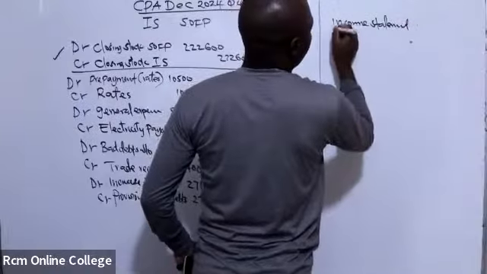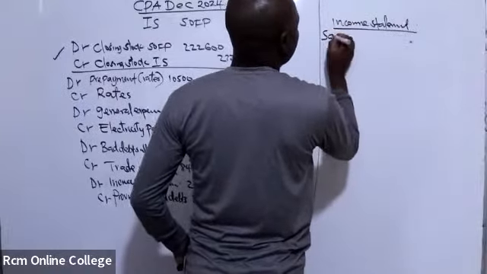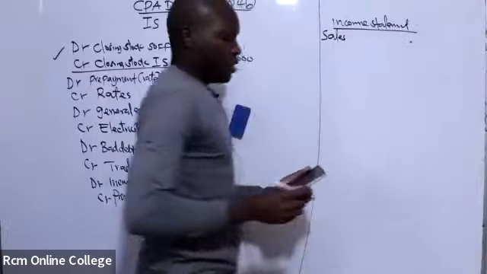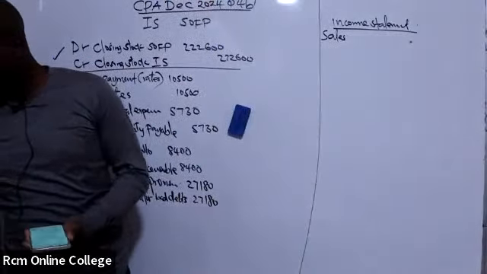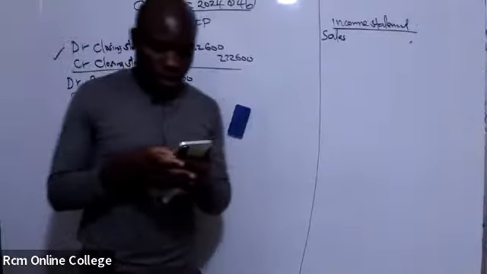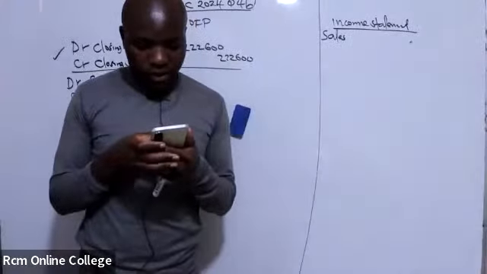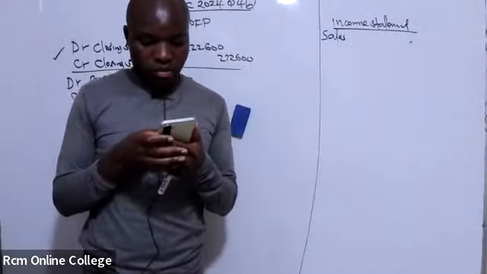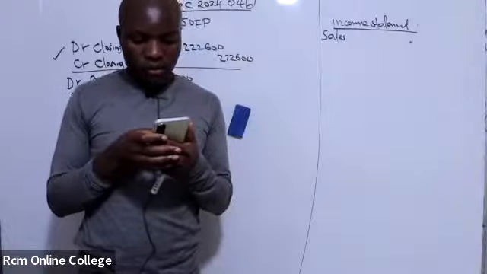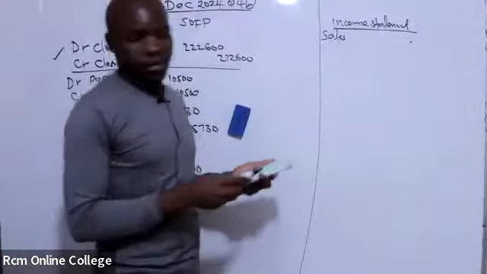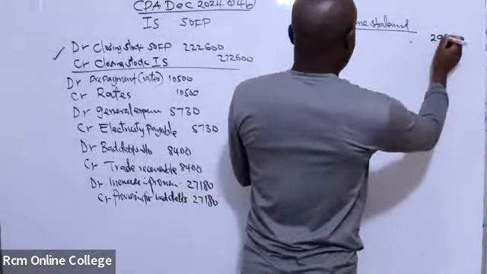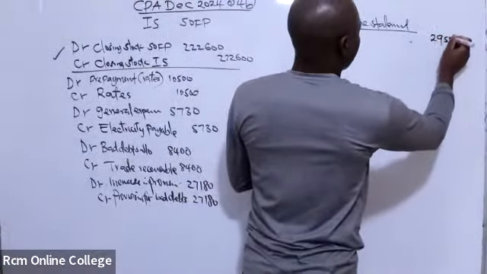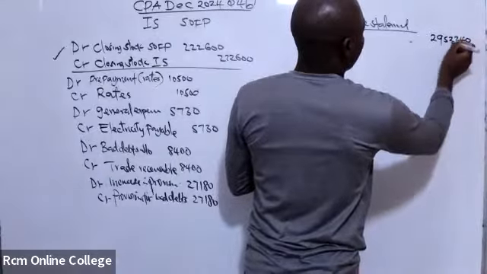Income statement. We start with sales. Do we have the sales figure? Our sales is given under information number 2, 2952-40.